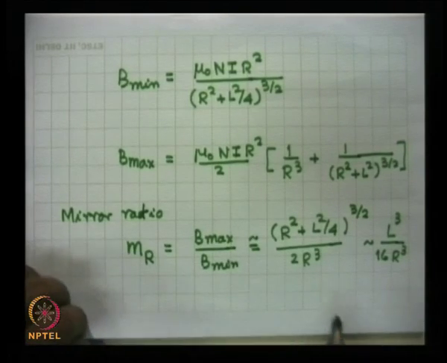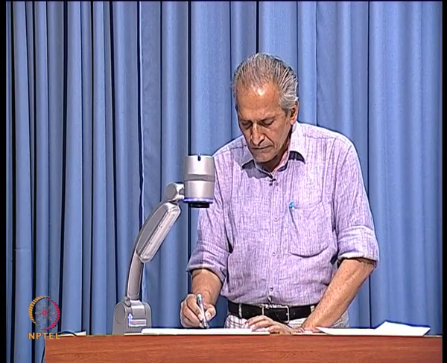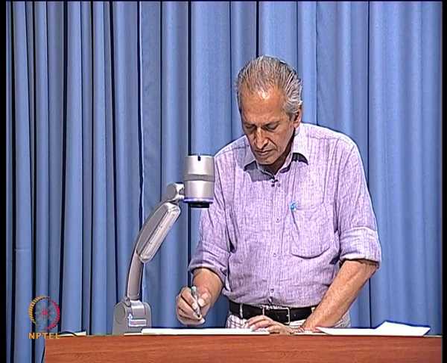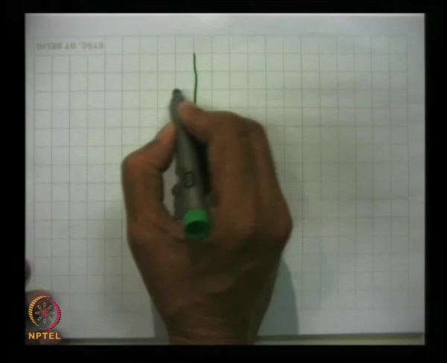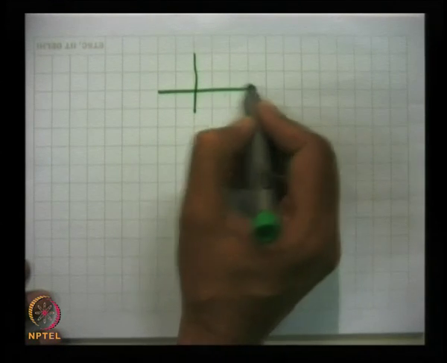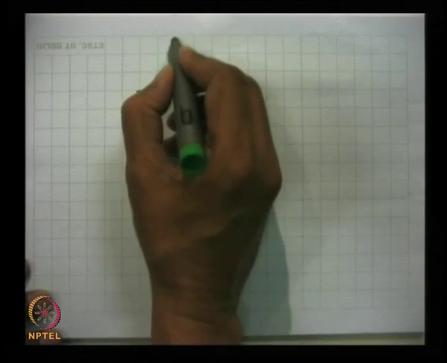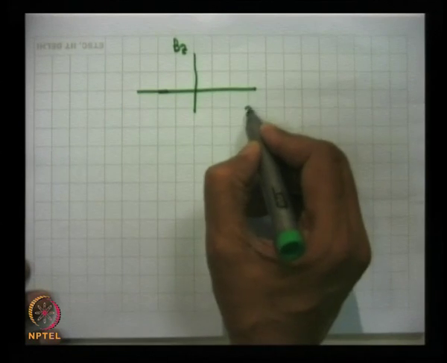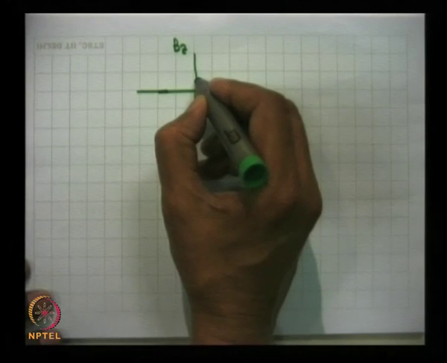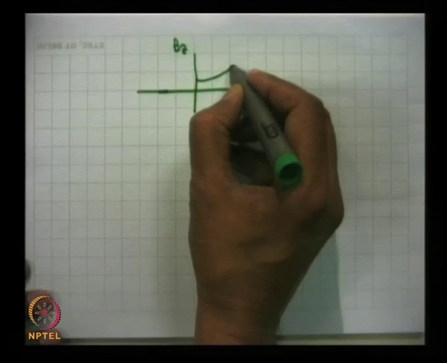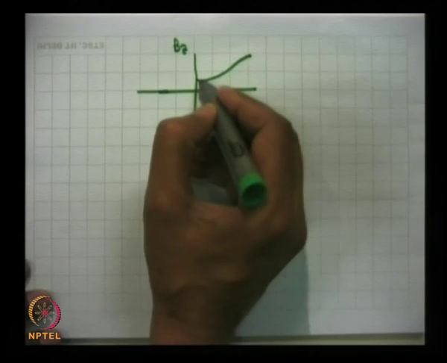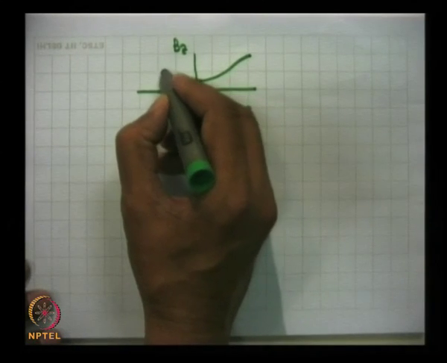And if I plot the magnetic field Bz as a function of Z, then what you get is, if I plot Bz here and Z here, the field has a minimum, goes like this, and then here also it goes like this, symmetric.